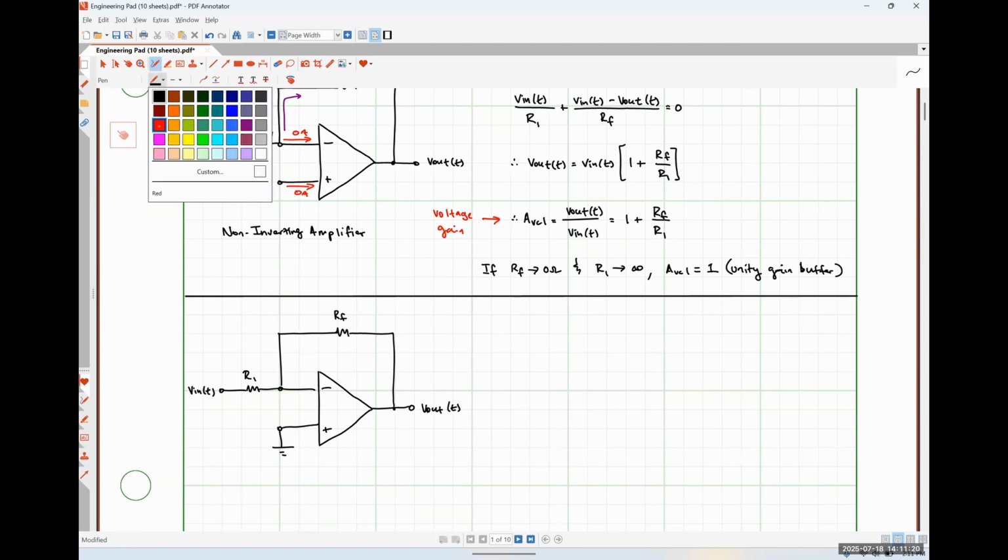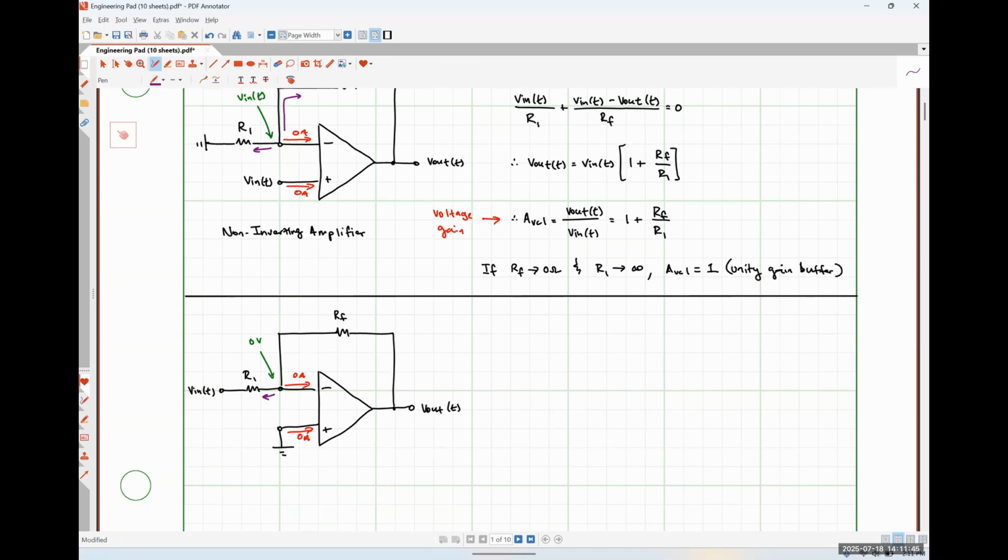So if we go through the analysis steps here, we've got 0 amps flowing into or out of our input terminals. By inspection, we can see that the voltage present at our non-inverting input is just 0 volts, since that terminal is tied directly to ground, which means the voltage present at this node is also 0 volts.